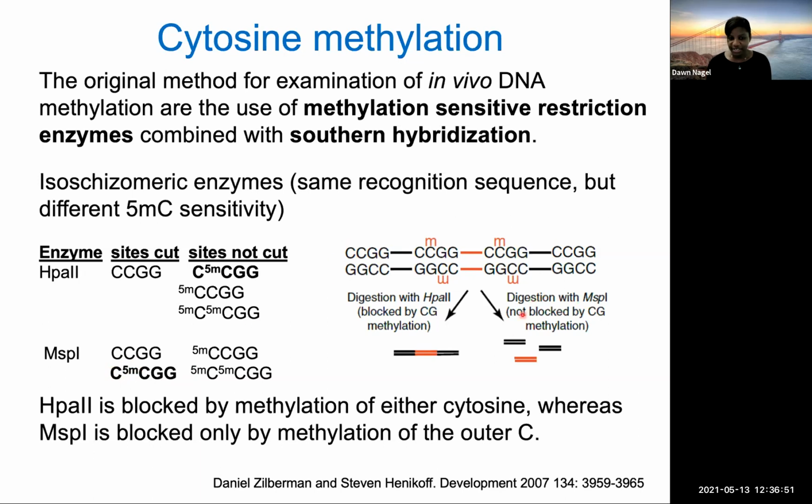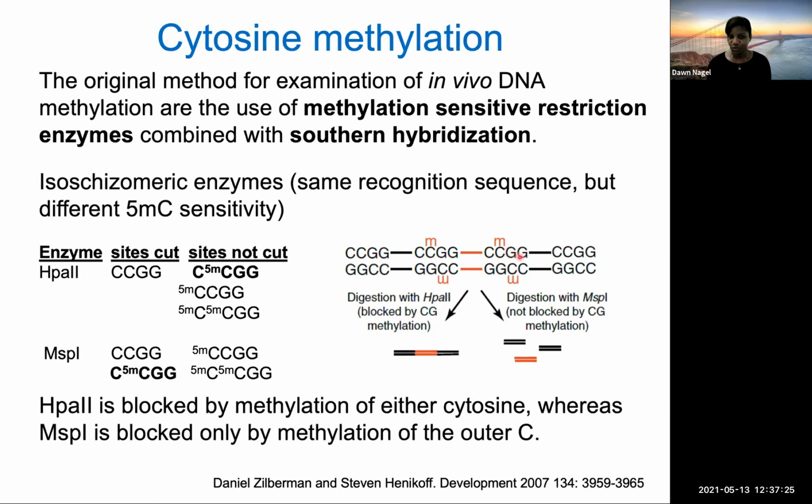You can extract your genomic DNA, add these enzymes, and determine whether or not there's a methylation site within your DNA. In this case, you have your double-stranded DNA. These are the sites. You have methylation occurring, particularly at this inner C location. If you digest with HpaII, it's not going to be able to digest because this methylation is going to block that site, so you will get a larger fragment.